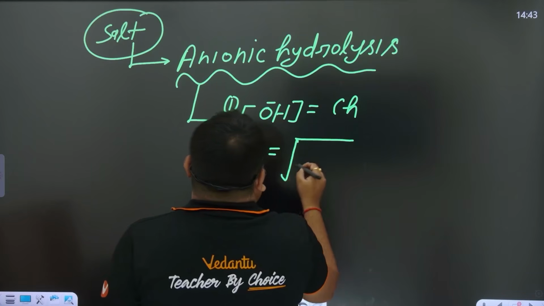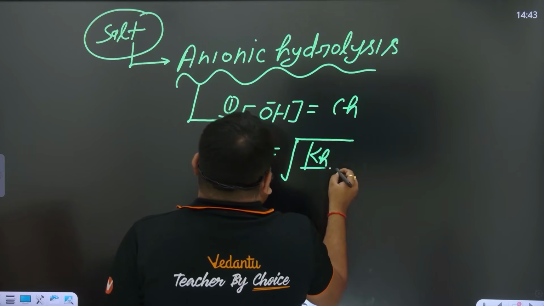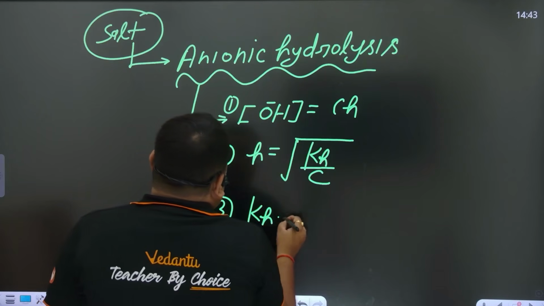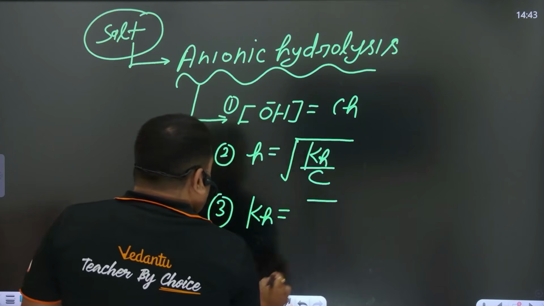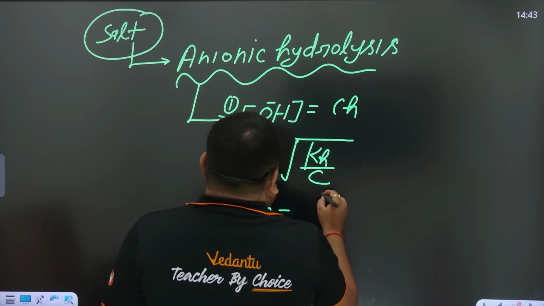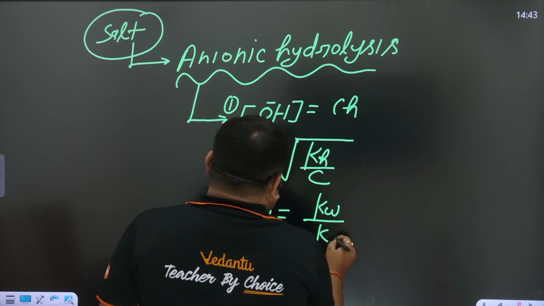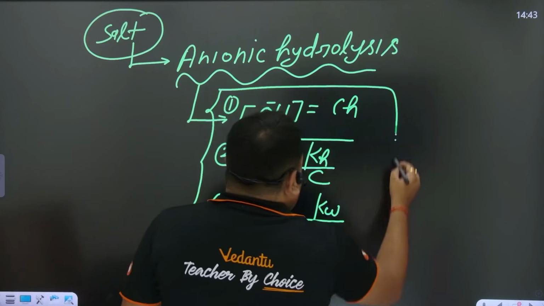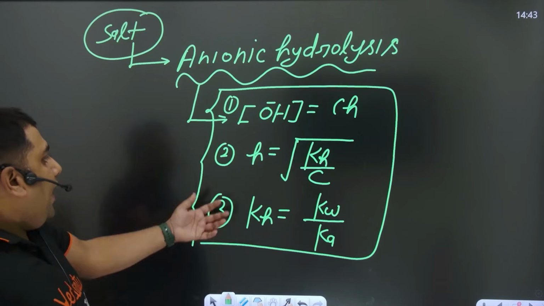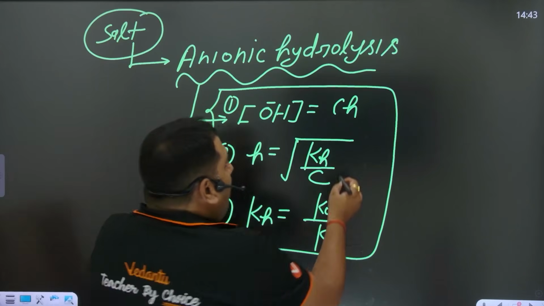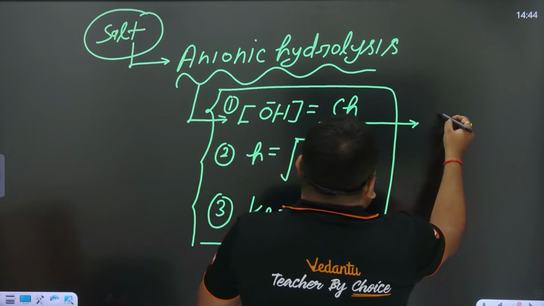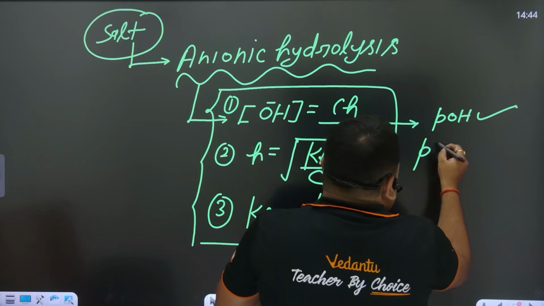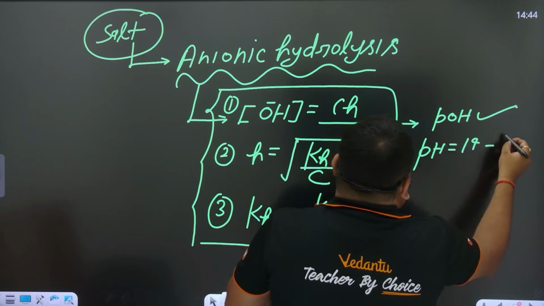This h value is what? Kh by C here, right? And now you have to calculate this Kh value, and this Kh value is equal to Kw by Ka, right? Now you have to use these three formulas, then you are able to calculate the concentration of OH. If you are able to calculate the concentration of OH, then you are able to calculate the pOH value. If you are able to calculate the pOH value, then you are able to calculate the pH value using 14 minus pOH.